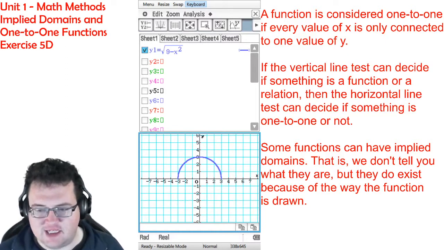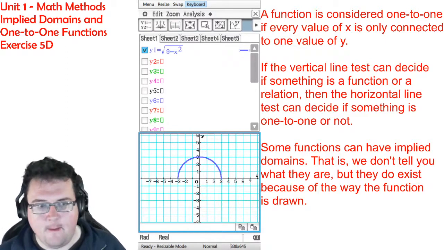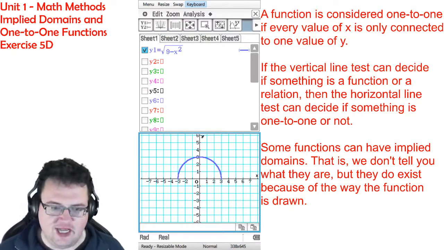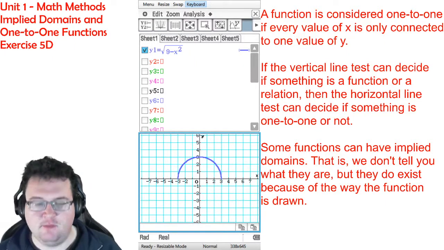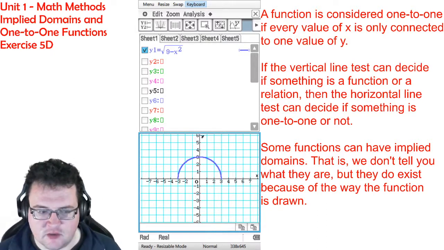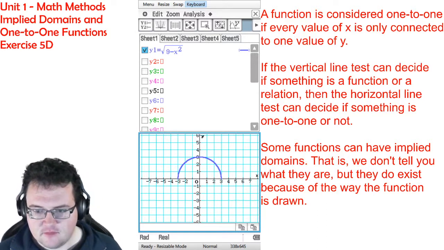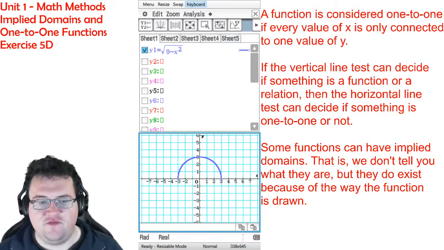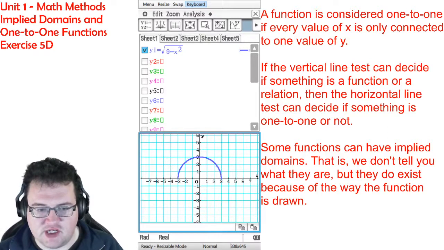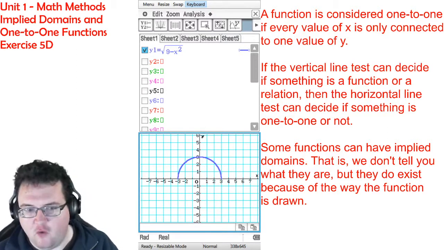Therefore, whatever x is, it cannot be more than 3 or less than minus 3, because the moment it does, the graph stops existing. So if this graph has an implied domain of minus 3 to 3, what is the implied range for that graph?